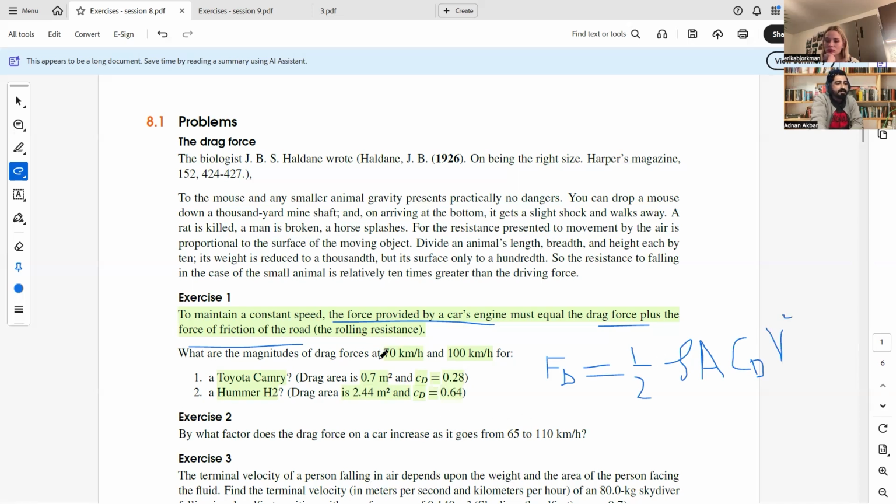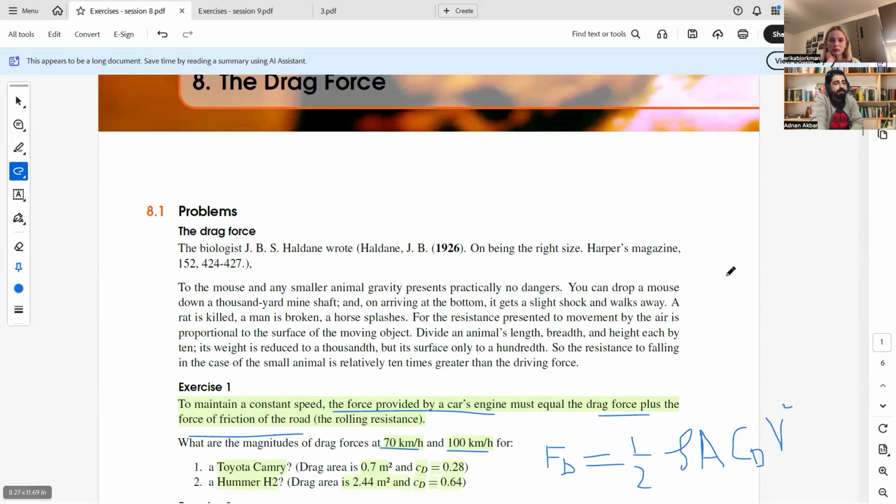So first of all, let us observe the problem. Are all the units the same or not? As you can see here, units are kilometers per hour, and we need to convert these units to meters per second.